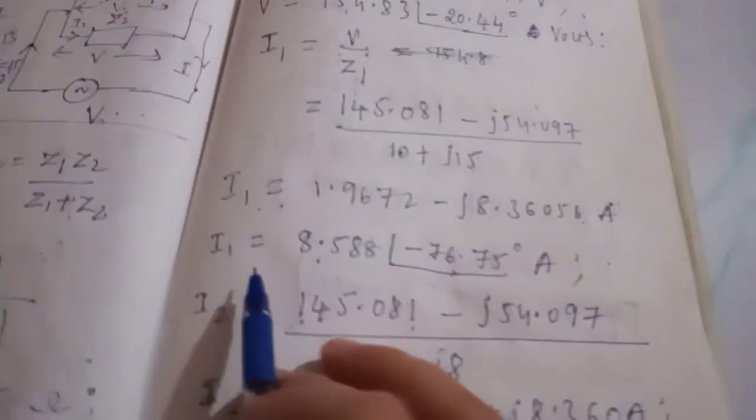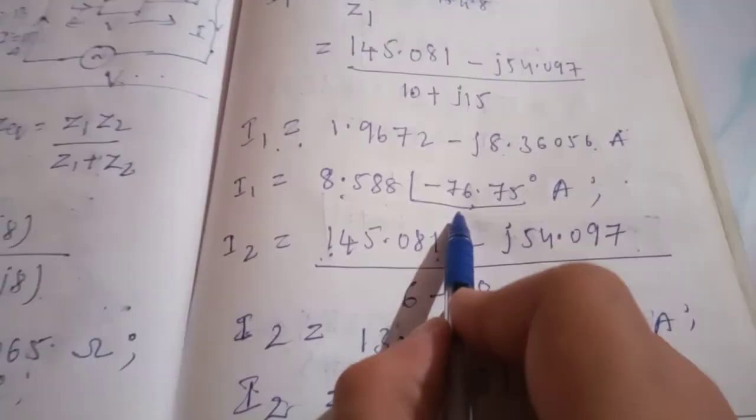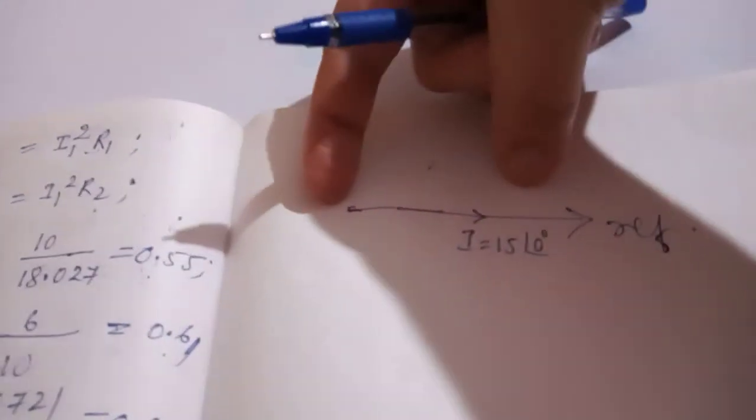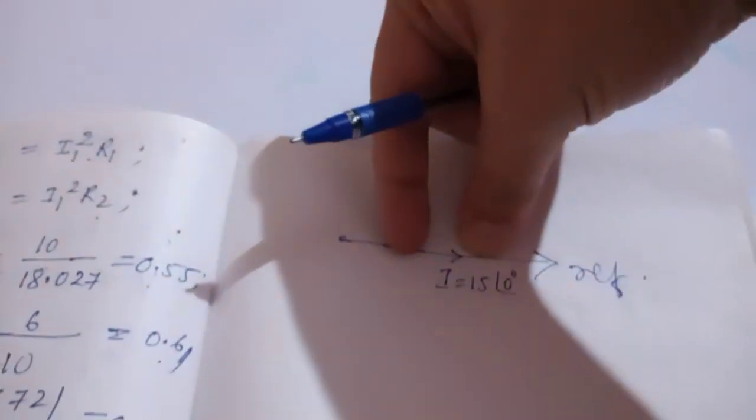What about I1 and I2? I1 with respect to the reference is at minus 76.75 degree, with a magnitude of 8.58. So if I take this as 15, then its half is around 7.5.